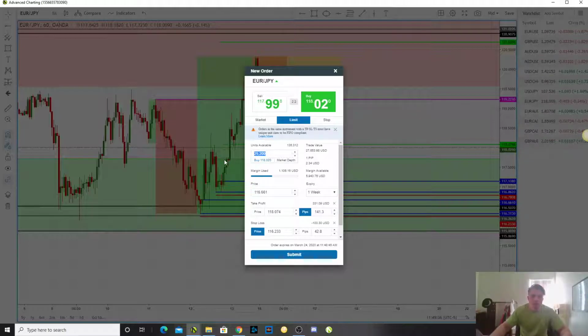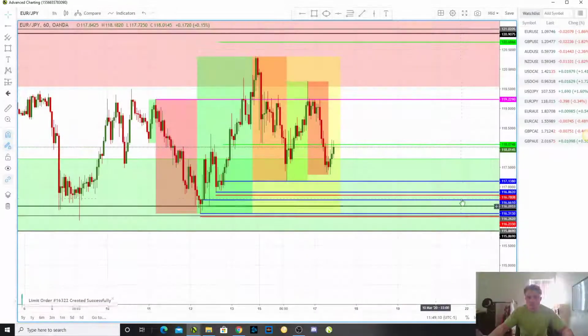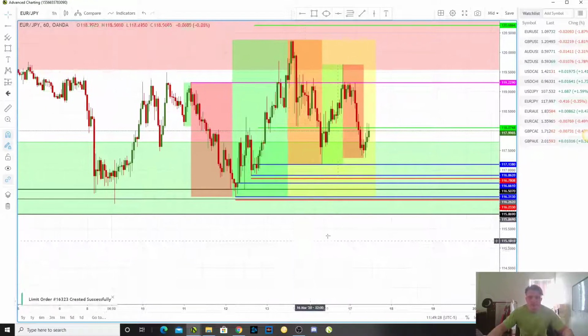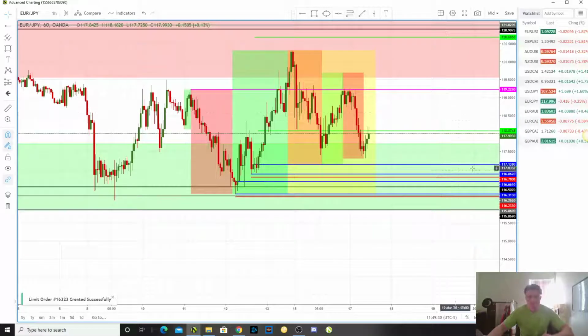This will be 23 and 22. All right. Those will be our euro yen setups.